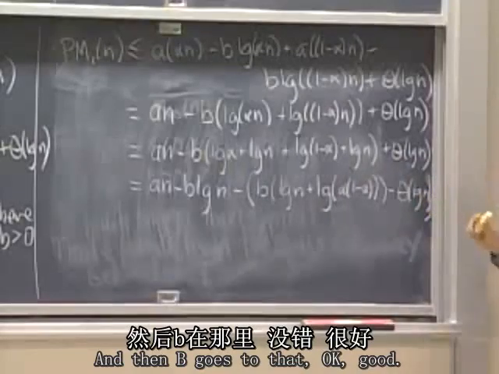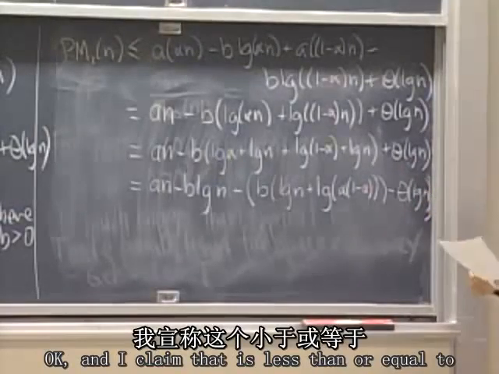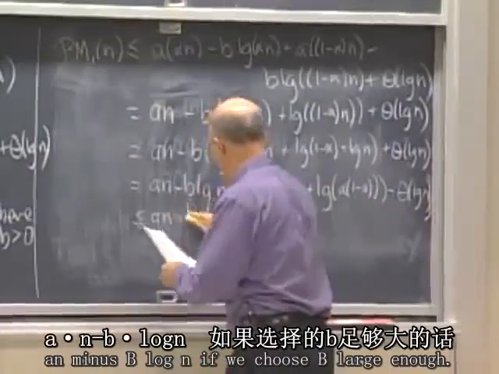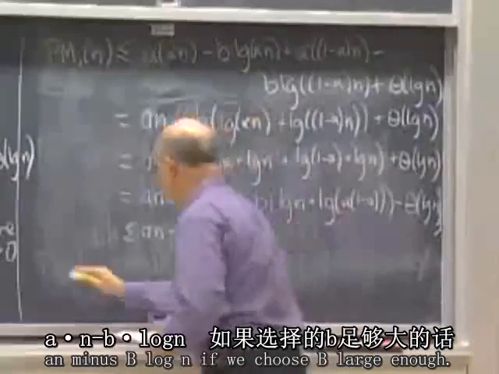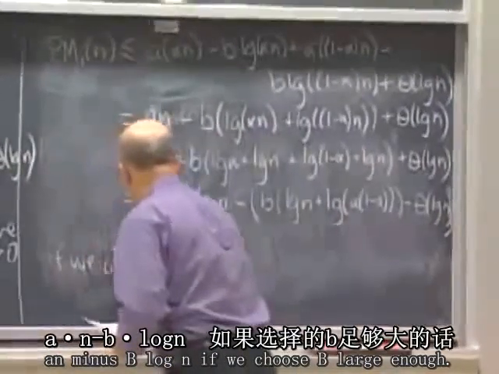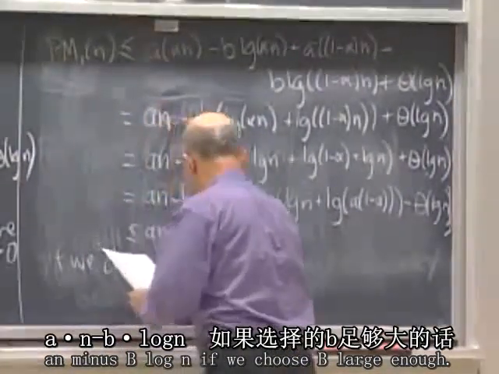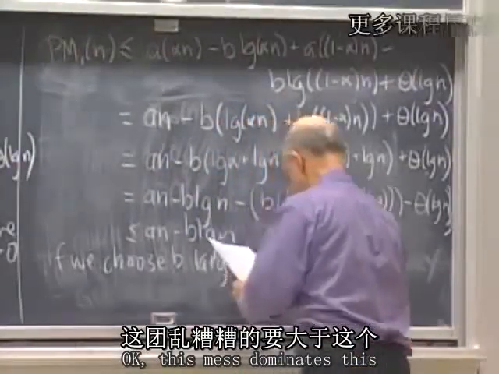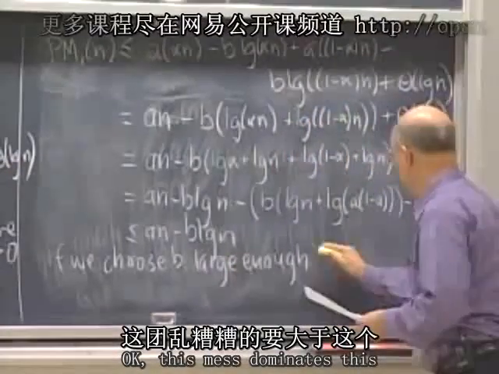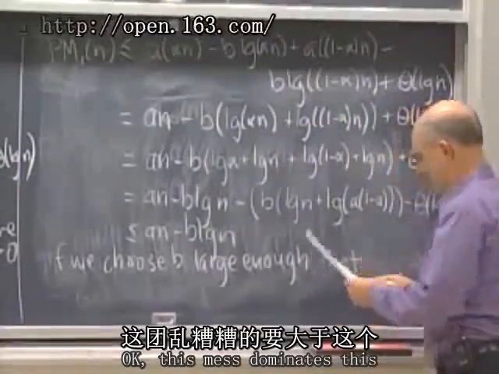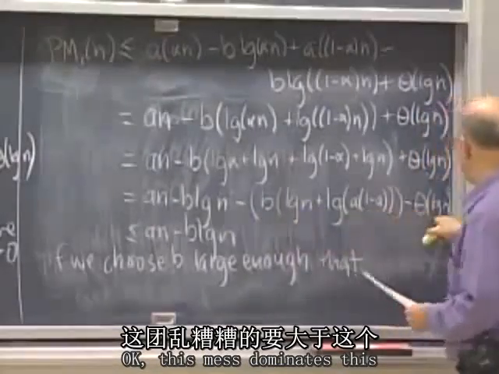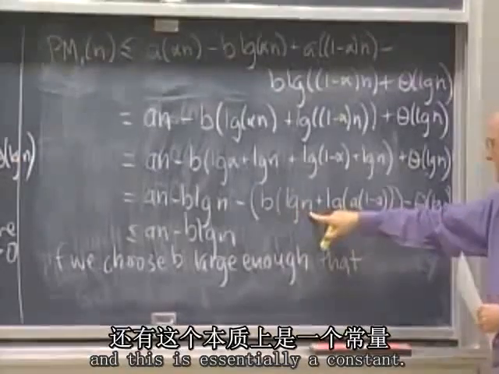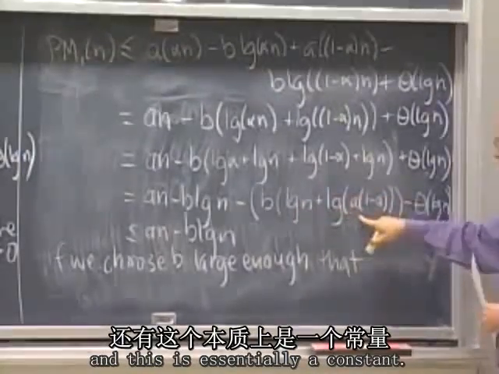Okay, and I claim that is less than or equal to An minus b log n if we choose b large enough. This mess dominates this, because this is basically a log n here, and this is essentially a constant.